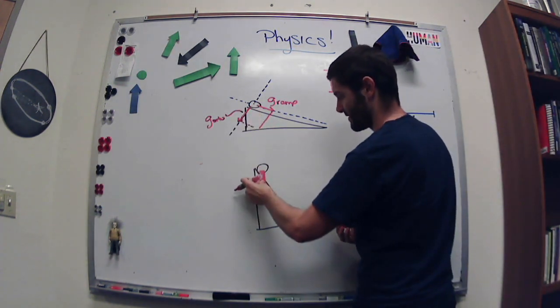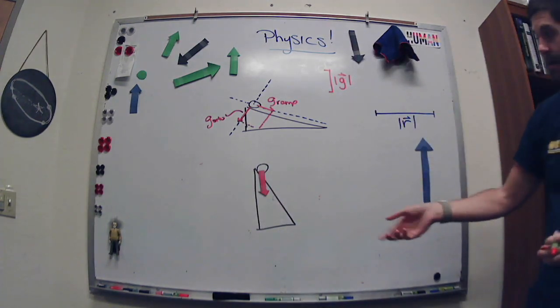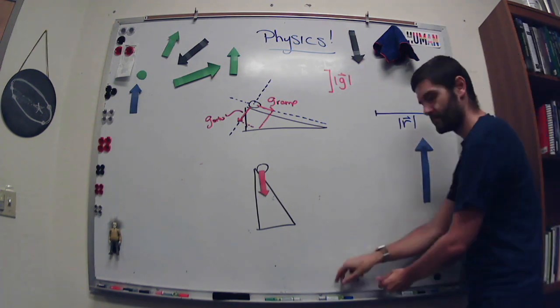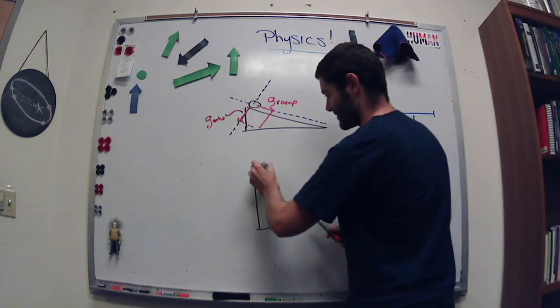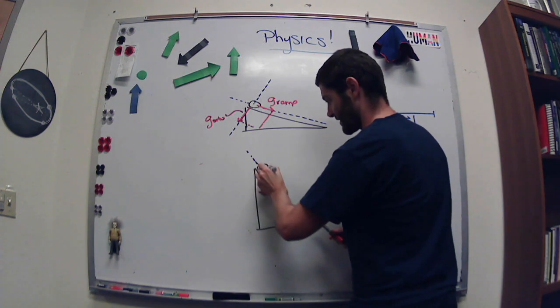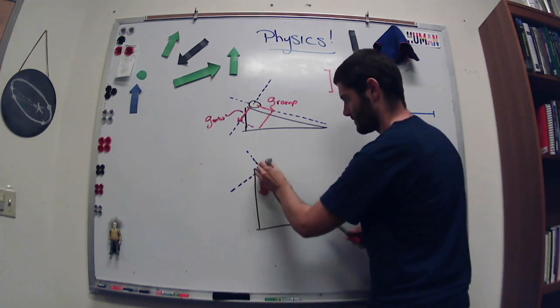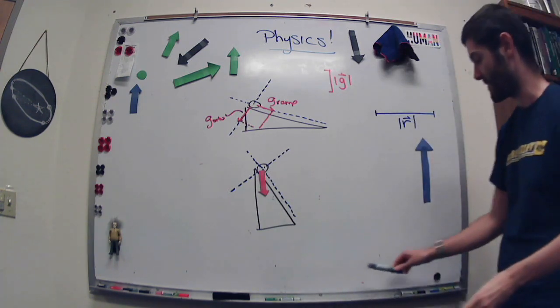In contrast with this one, where gravity still points down, the same vector, same length, let me ask how much this vector is pointing down the ramp compared to into the ramp. I'll again put my coordinate system along the ramp and into the ramp.